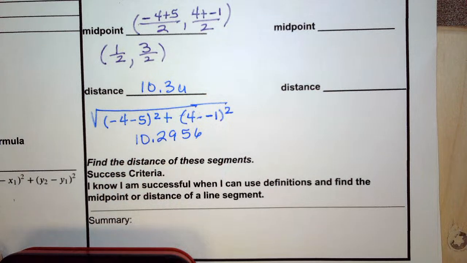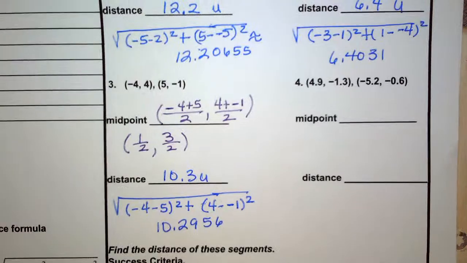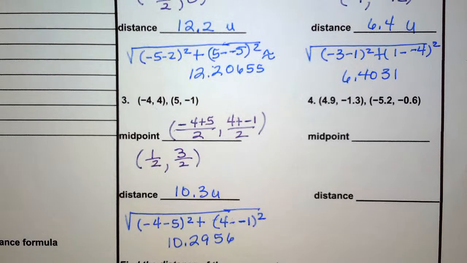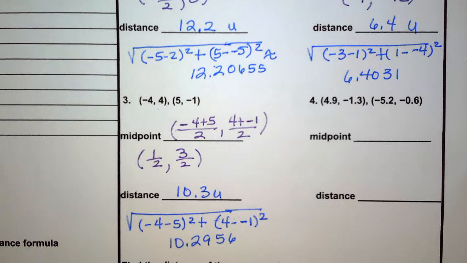Okay, now if you did not do it before, set the last one up and solve it. You've got to do it to actually learn. Pause the video and do the last one now.